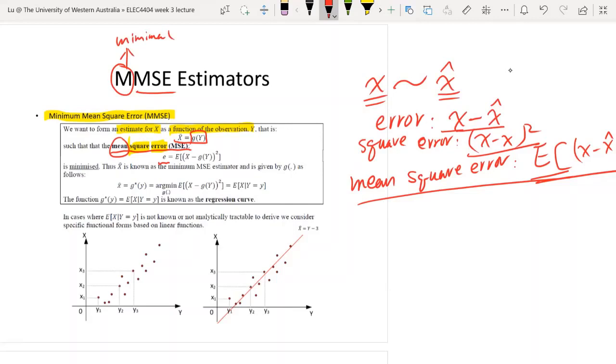We want to minimize the MSE of our estimation. Okay, so this is what we are doing. And the X hat is known as the minimum mean square error estimator. So in other words, this X hat is called the MMSE estimator. And its function is G, as we defined. Okay, the X hat is actually the G function.